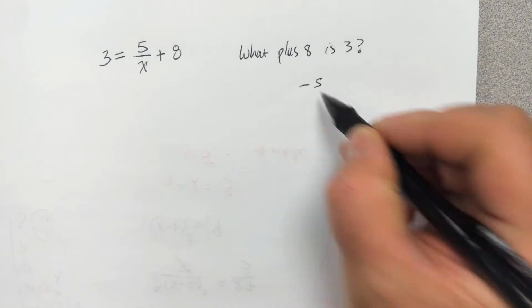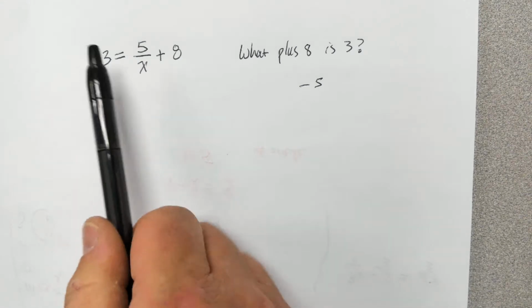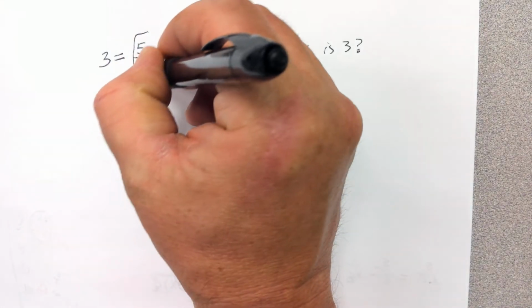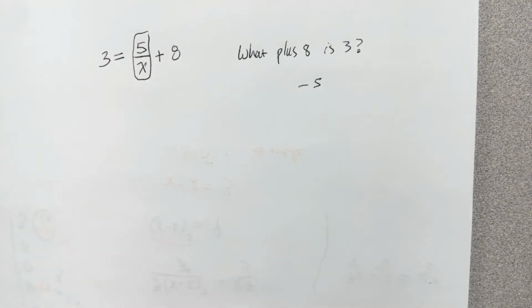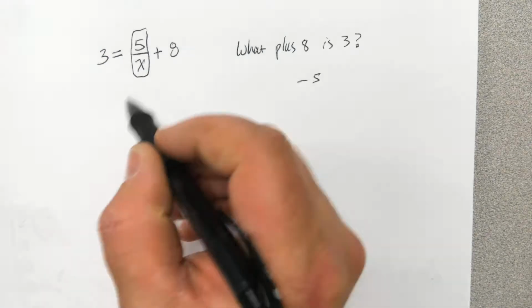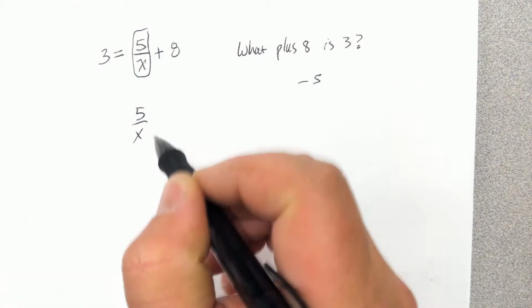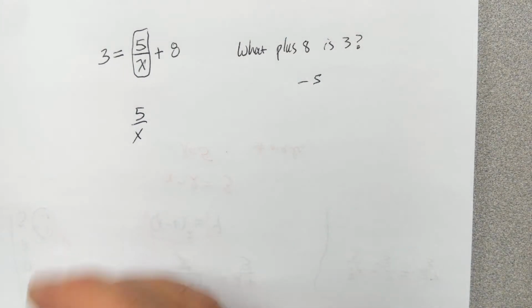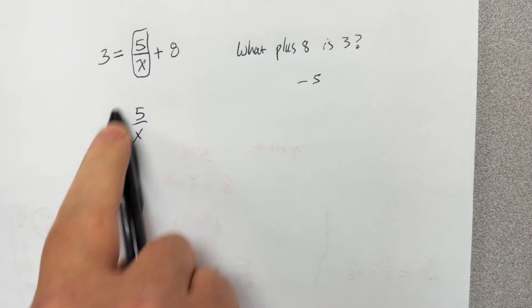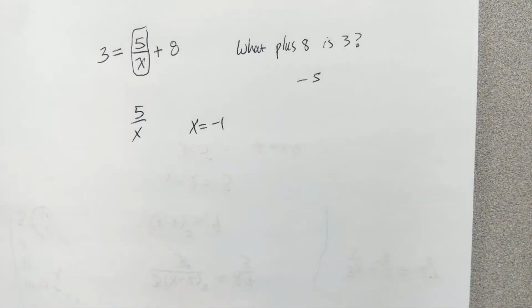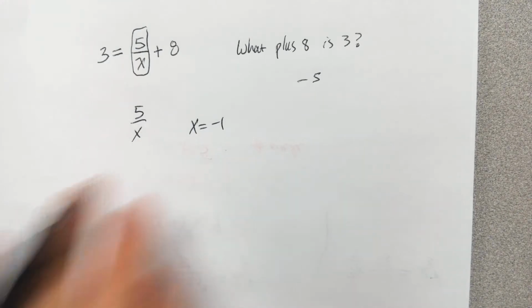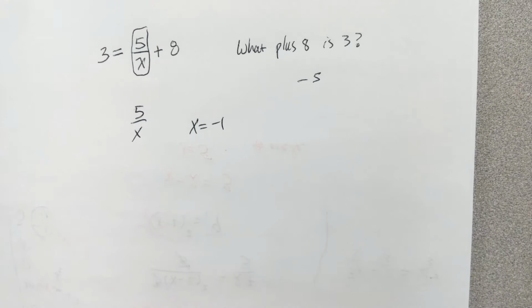Right? If this entire thing equaled -5, then these would make 3. So this thing right here has to be -5. So what number would x have to be so that this equals -5? -1. So without even doing inverse operations, if you got totally stuck and confused, I think you could think your way through that problem, without math, just with thinking about it.